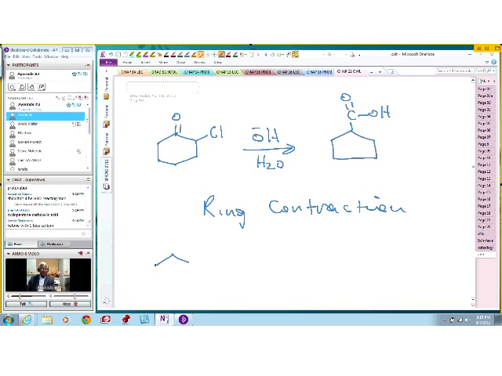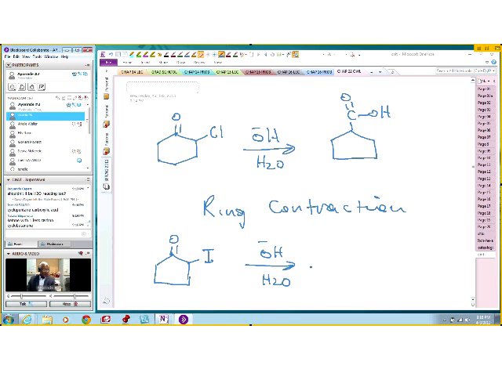Now for example, supposing you have a 5-member ring, this is not very common, but it could also happen. Supposing you have this, and I do this. I say, what will be the product of this reaction here?